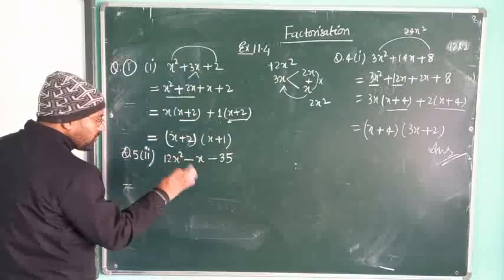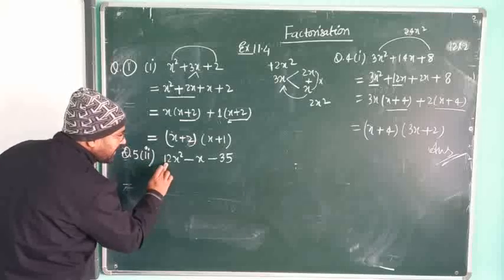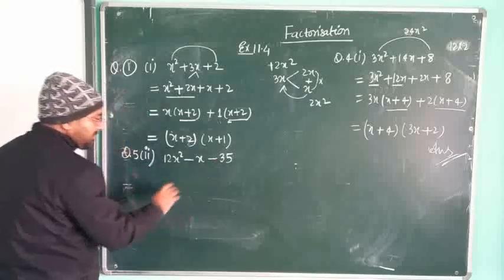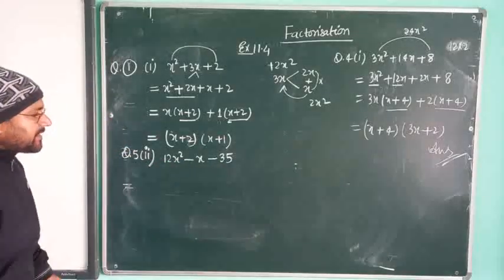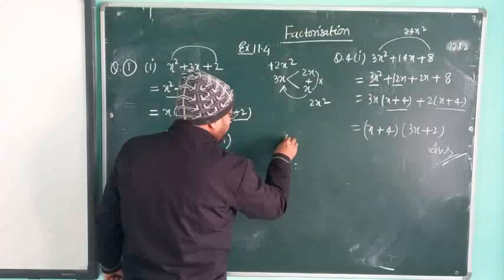So what we told you? I told you that we will multiply the first and last term. 12x square multiplied by 35.